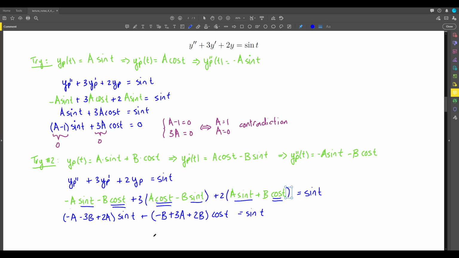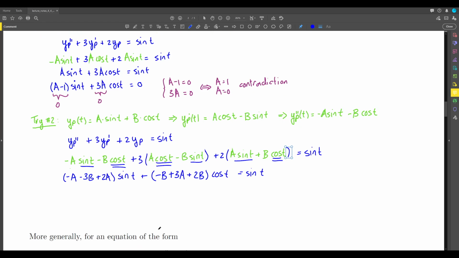Okay, now we can simplify this further. Negative a plus 2a, that gives us a minus 3b. And then this is a 1 times sine, so we can take that to the left and we get a minus 3b minus 1 times sine of t.